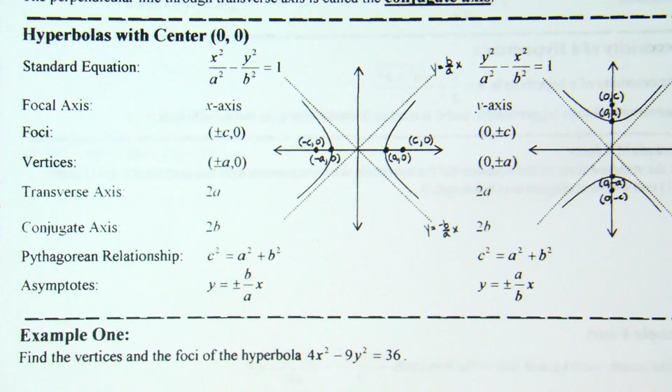Now, standard equation. What is the slight difference on the standard equation between ellipses and hyperbolas? Yeah. A hyperbola, the standard equation is x squared over a squared minus y squared over b squared equals 1, or y squared over a squared minus x squared over b squared equals 1. Now, you will notice a always comes first. When we have one item minus the other, a is always the first item.